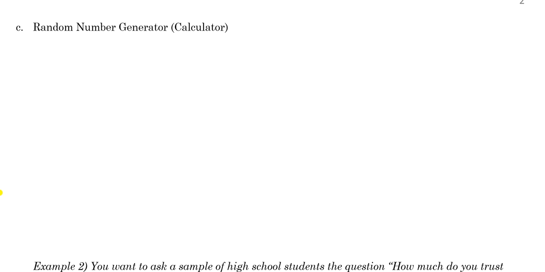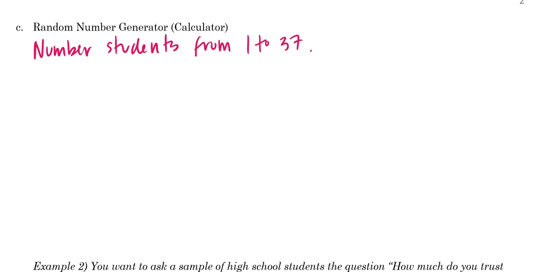So random number generator on the calculator goes like this. Same as everything else, I'm going to number students from 1 to 37.